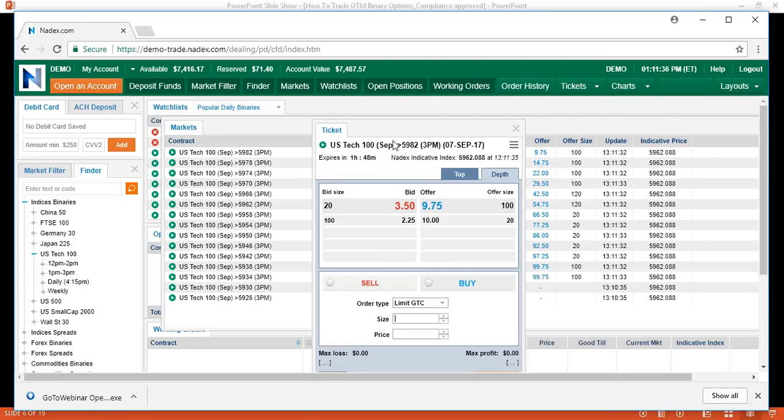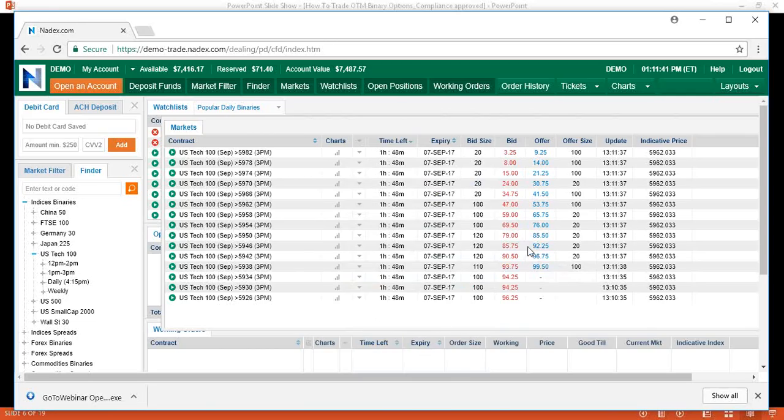Okay? So that's a lot less likely to happen. There's a lower probability of that happening than there is for one of these down here to expire in the money still, correct? Okay, so does that make sense why it's priced lower towards 0? It's a lower probability, right? Okay.